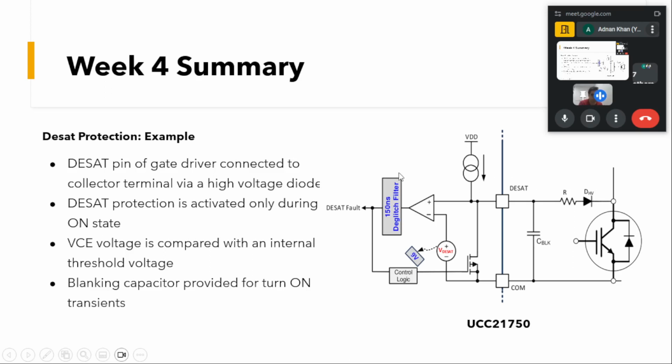Because when the device is in the off stage, the full DC bus voltage will be across this device, and this diode should sustain that voltage. If the diode is not rated for high voltage, it may get damaged. During the off stage there is no pulse, and all the DC bus voltage comes across this device, which will reverse bias this diode.